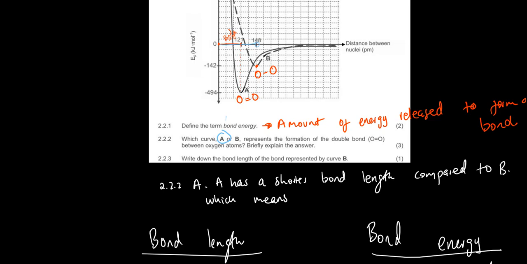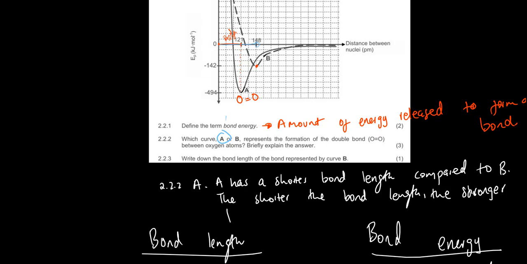Right. The shorter the bond length, I'm going to write it here. The shorter the bond length, the stronger the bond.